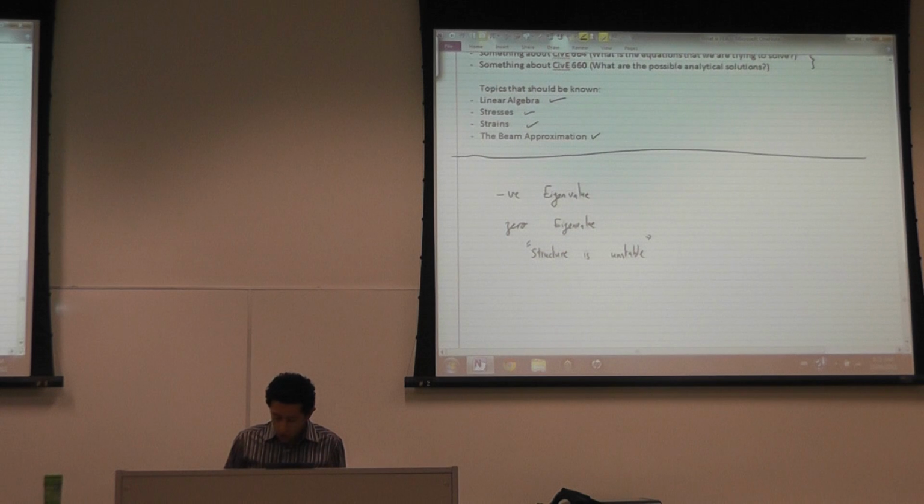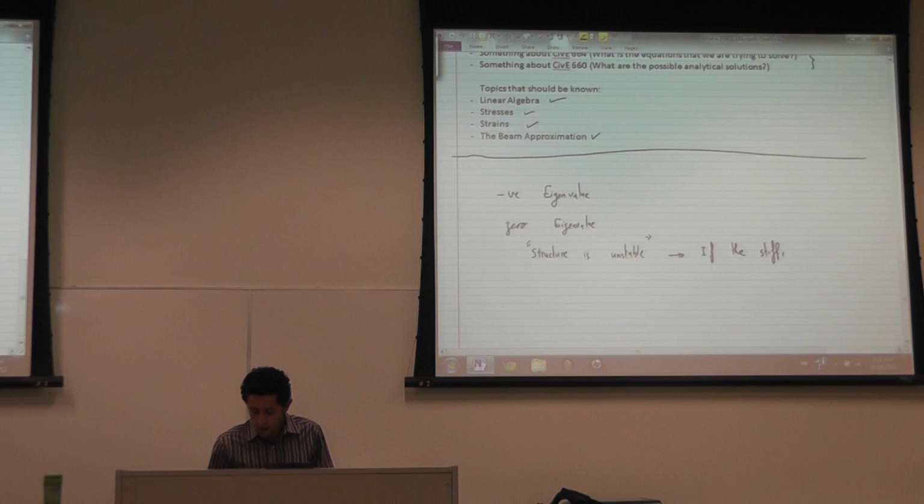So how it knows is, basically, if the stiffness matrix, whatever the stiffness matrix is, which we'll study in the finite element analysis method, is not invertible, the structure is unstable.